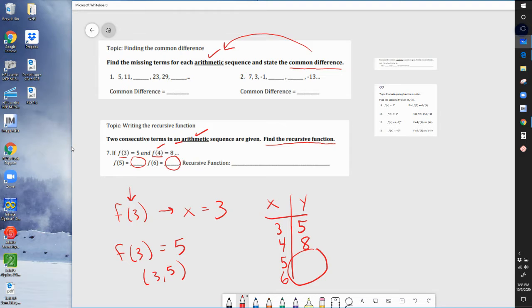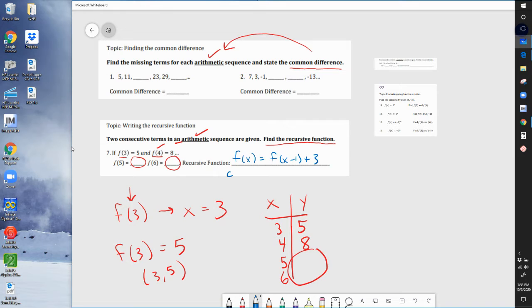And the recursive function, hopefully you guys have gotten to the point where you realize it's the current term equals the previous term, and then plus or minus whatever your common difference is. So in this case, it looks like we're adding by 3 every single time.